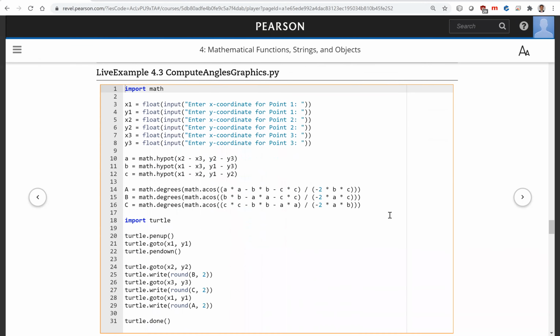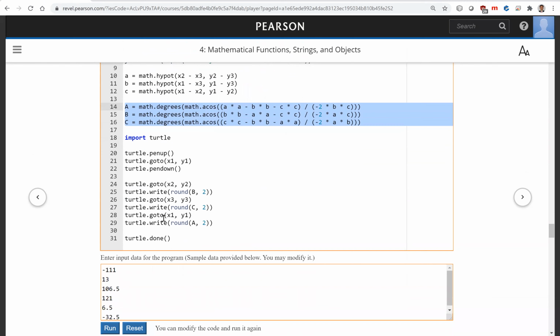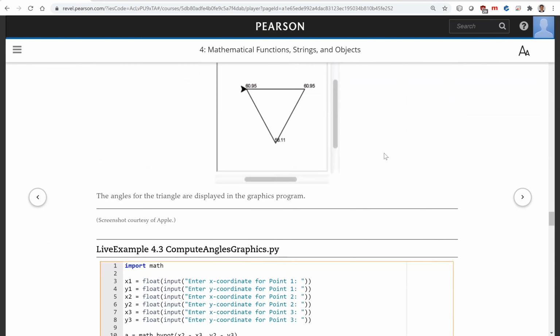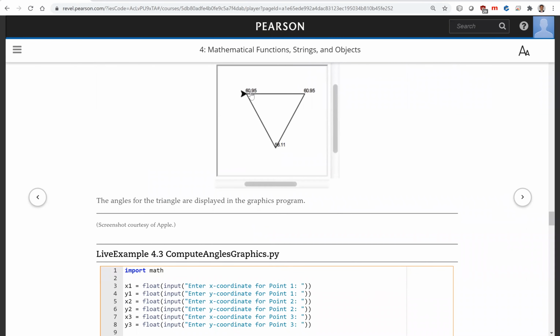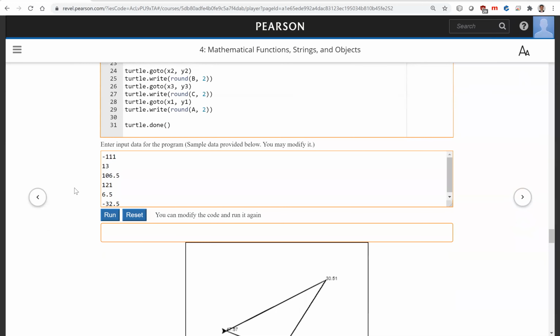We compute everything, get the angles, and now we're going to draw this triangle and also the text for the angles. And this is what you have, with the input for the 3 points and 6 values.